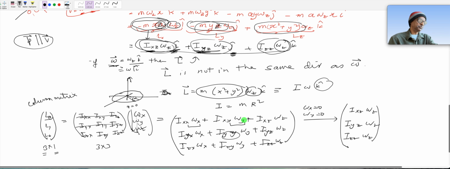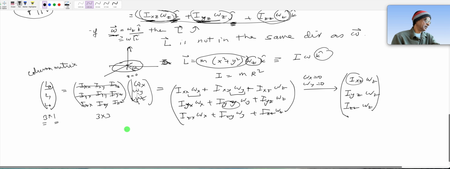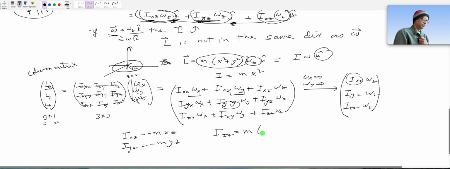So we also found out the formulas for these over here. We found out I_xz was minus m x z, I_yz was minus m y z, and I_zz was m times x squared plus y squared.